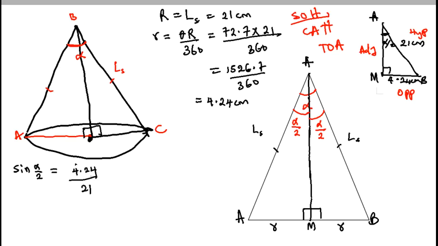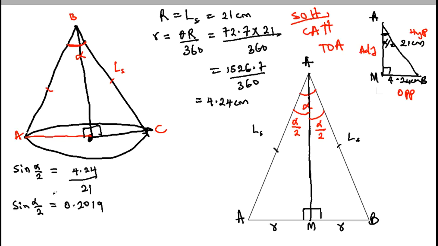If you do 4.24 divided by 21, we get sine alpha over 2. This is a trig function, so let's express the trig value to 4 decimal places, as we use in the 4-figure table. That is 0.2019.